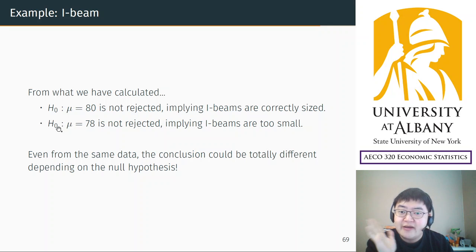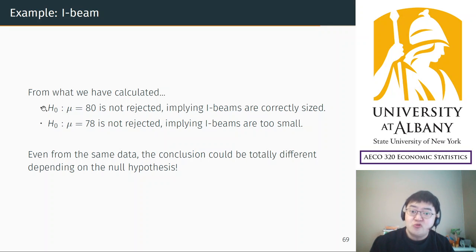But later, I changed the hypothesis to 78. So now you believe the mean is 78 and use the same 1% and same data. It is not rejected again, which means the I-beams are too small. So the hypothesis testing result implies that I-beams are 78 millimeters tall, which is a problem. So it means that I-beams are not okay.